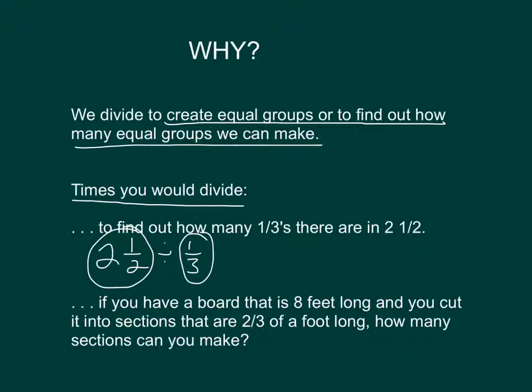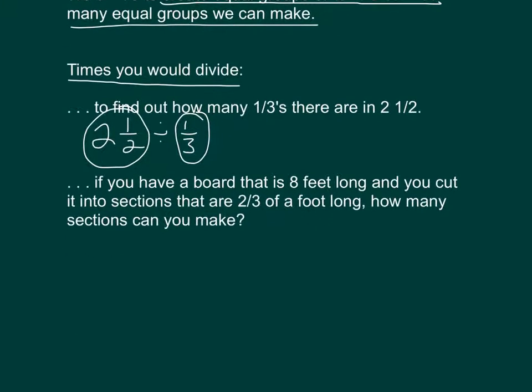An actual, more real-life situation would be if you have a board that is 8 feet long and you cut it into sections that are 2/3 of a foot long. How many sections could you make? In that case, you're starting with a board that's 8 feet long, and you're seeing how many 2/3 there are in that 8-foot section.